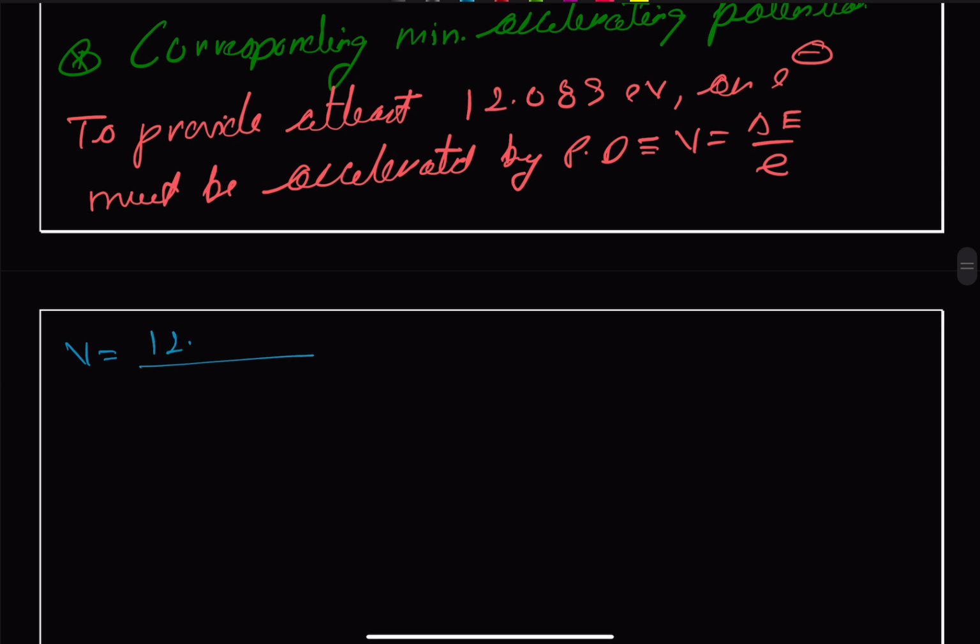So this is 12.089 electron volt divided by e. So this e and e cancel out. This gives us 12.089 volts. But this is given to us as alpha upon 10.